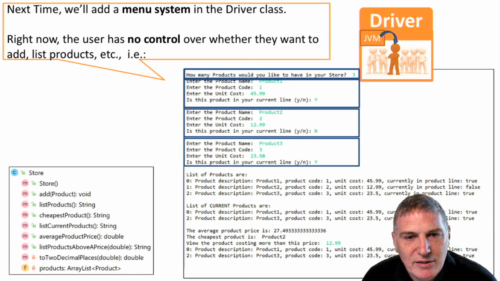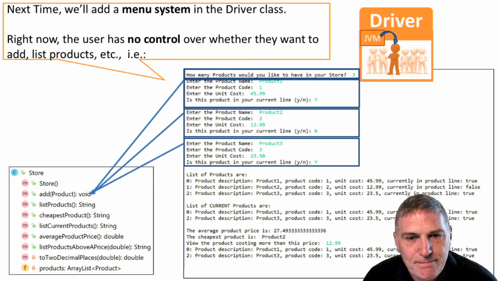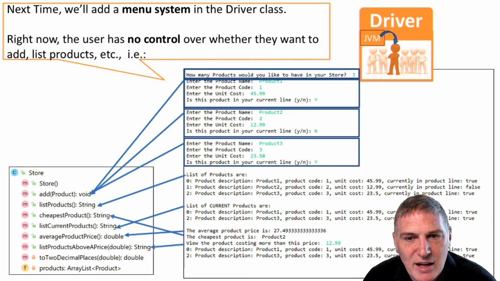So again, here's our store model. And for each of those products, we would have called add to add the product to the store. For each product, we've got 4 values that we want to store. We also looked at list products today. So we could have called list products and it would list out 0, 1, and 2.